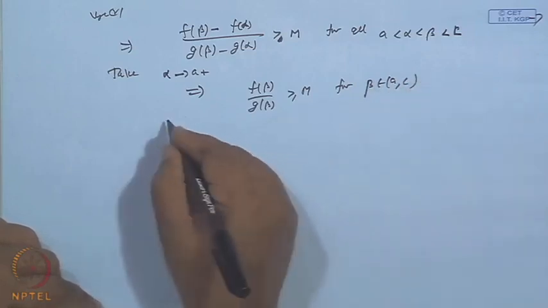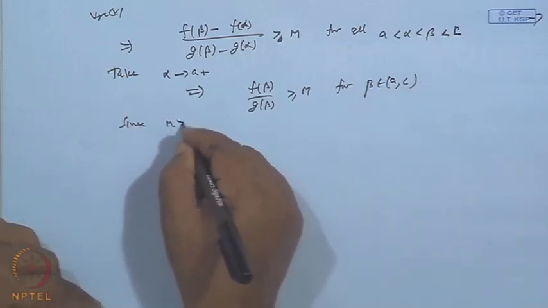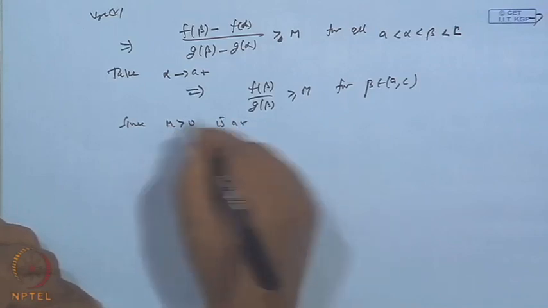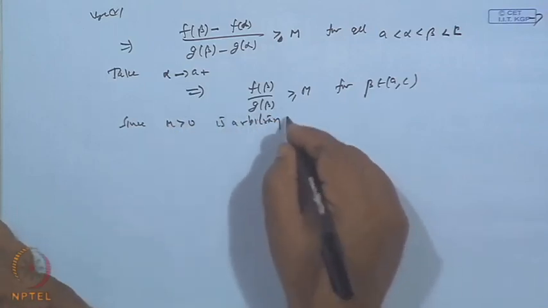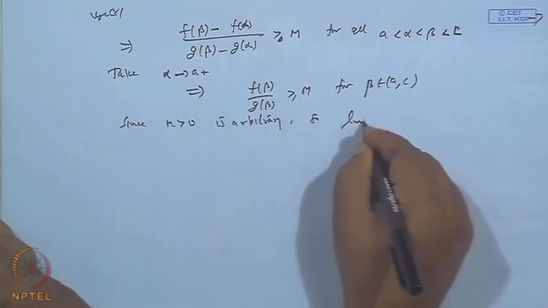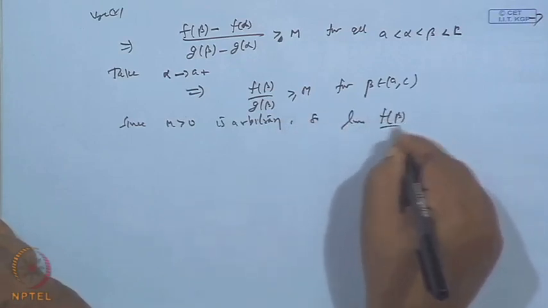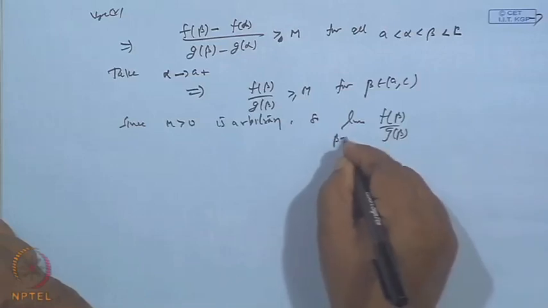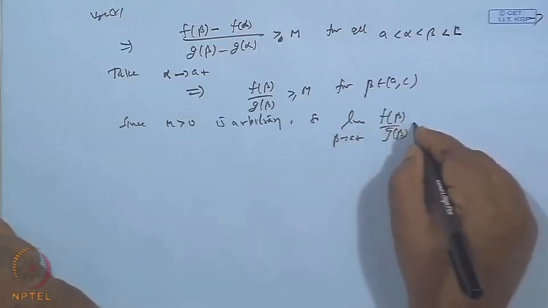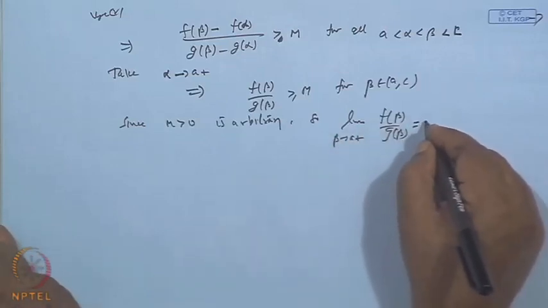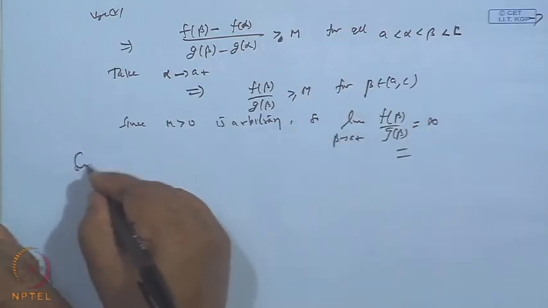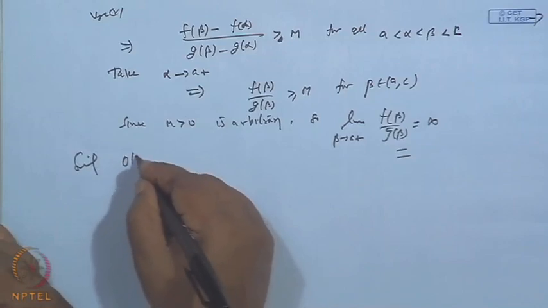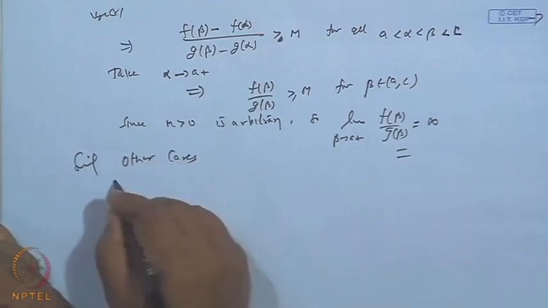And this shows, since m greater than 0 is an arbitrary large number, the limit of f beta over g beta when beta tends to a plus will be infinity, and that is full. The other cases follow similarly. Okay. So, that proves the result.